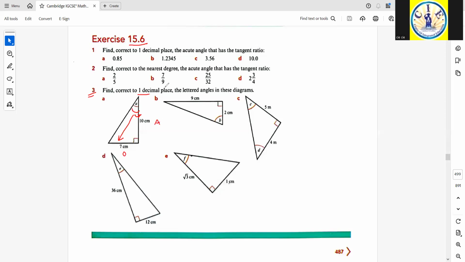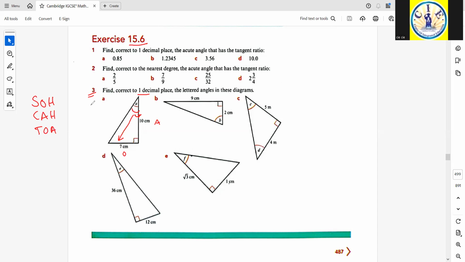So we are going to apply the trigonometric ratio that involves the opposite side and the adjacent side.